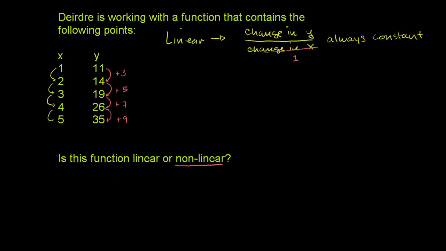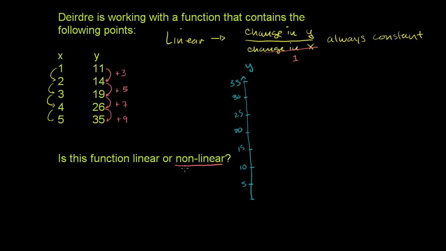And we can see that if we graph it out. So let me draw a rough graph here. Let me make that my vertical axis, my y-axis. And we go all the way up to 35. I'll do 5, 10, 15, 20, 25, 30, and then 35.